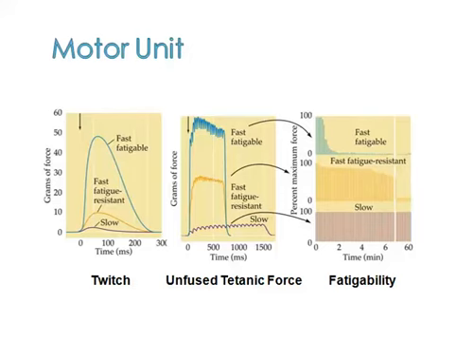The fast fatigue resistant, or type 2A, have greater fatigue resistance than the type 2B, but our type 1 can resist fatigue the best compared to any of our motor units. However, the trade-off is that the amount of force that it is capable of generating is not very high.